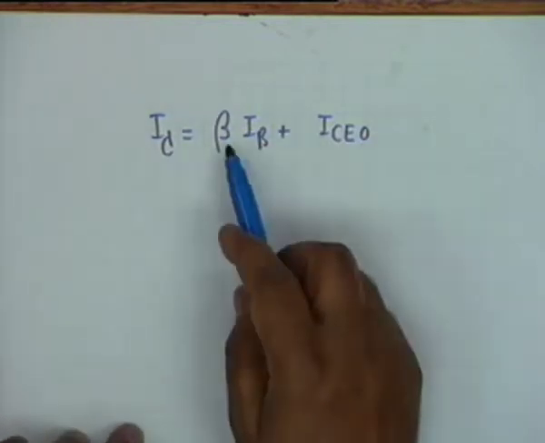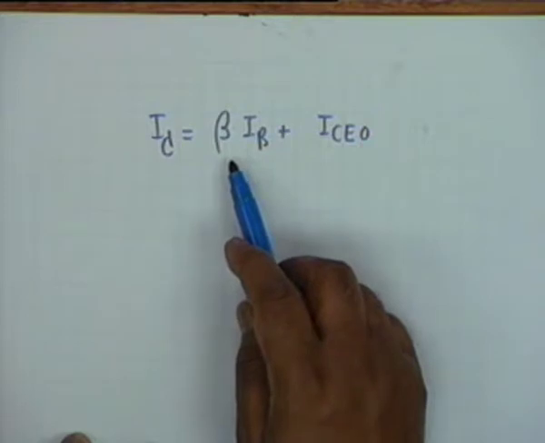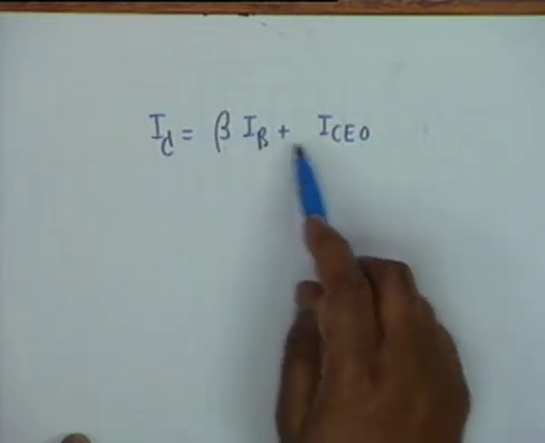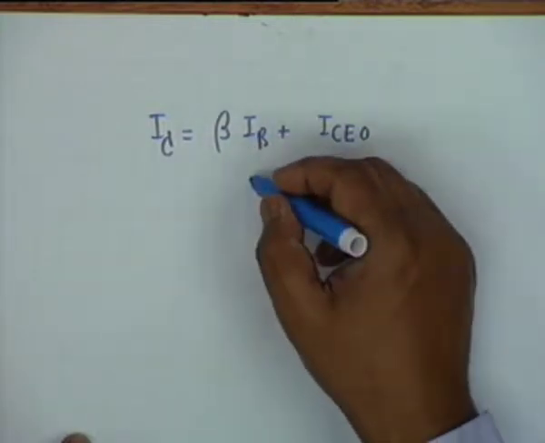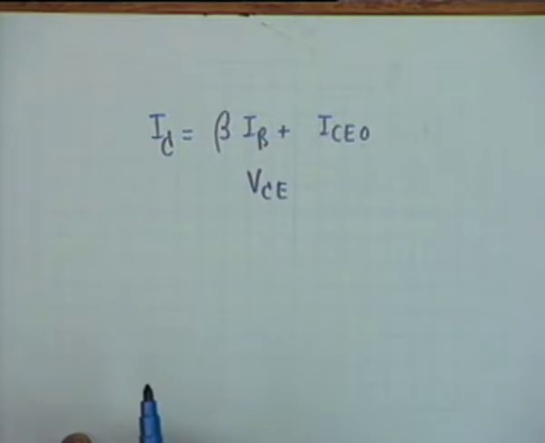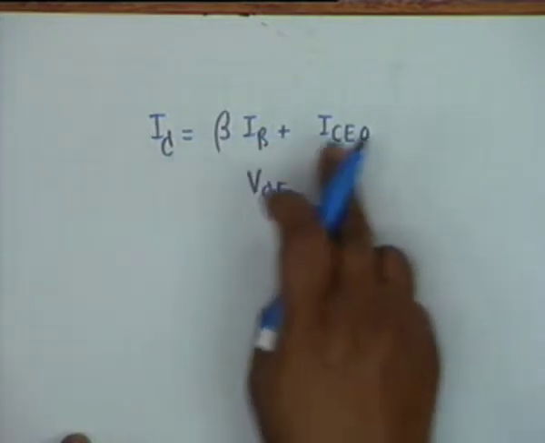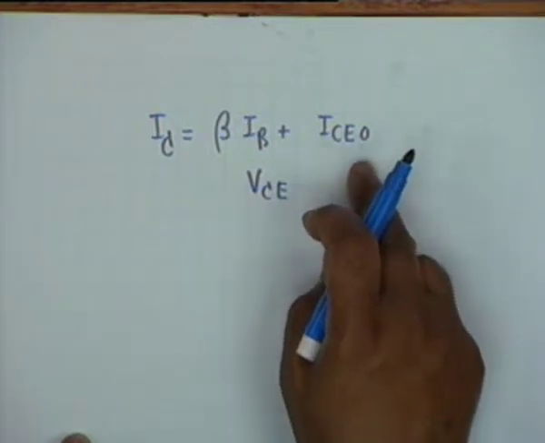You notice that if the input current is 0, that is base is open, base does not contribute anything, then I sub C will consist of a small component ICEO, and this is independent of VCE, the collector to emitter voltage.